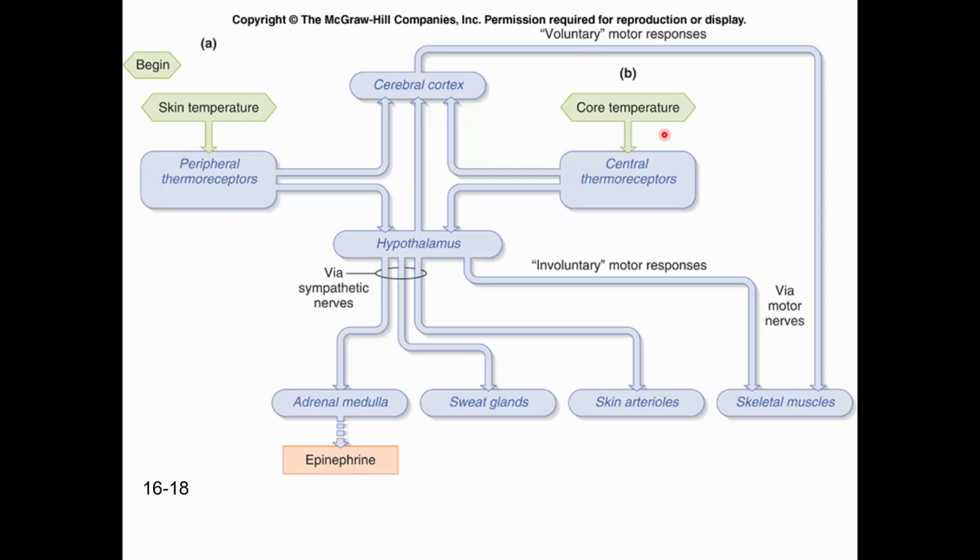If your core temperature goes down, you're going to do something to get it up. And you have central thermoreceptors in the hypothalamus, along the spinal cord, and the deep veins that operate by negative feedback. So this is going to be the input pathway, the control center, and then we have an outward pathway.